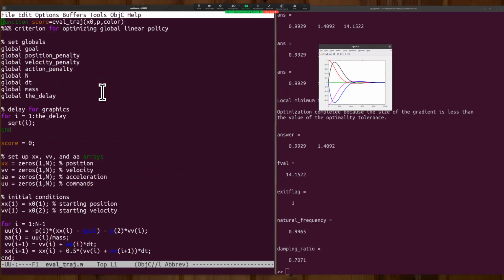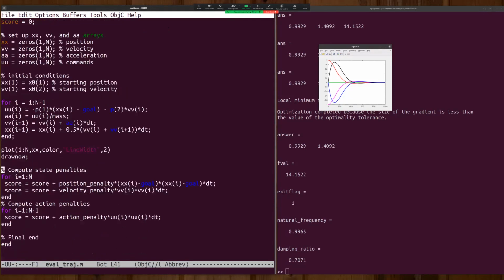Okay, so how do we evaluate a traj? Well, we capture the simulated trajectory in a bunch of arrays. We start at an initial place. We do this simulation the same way we did before.